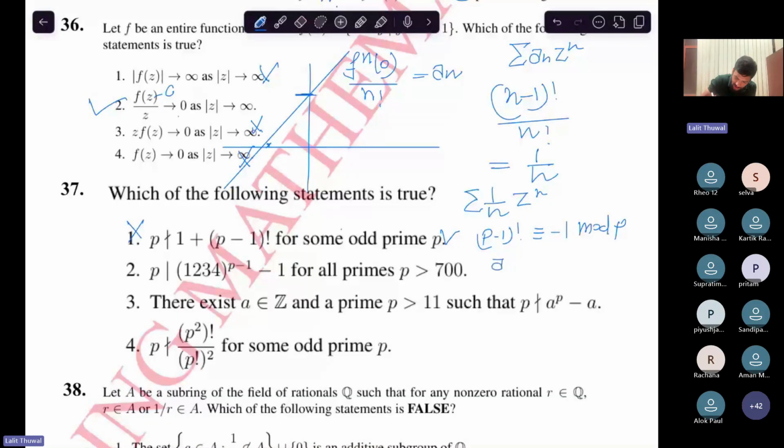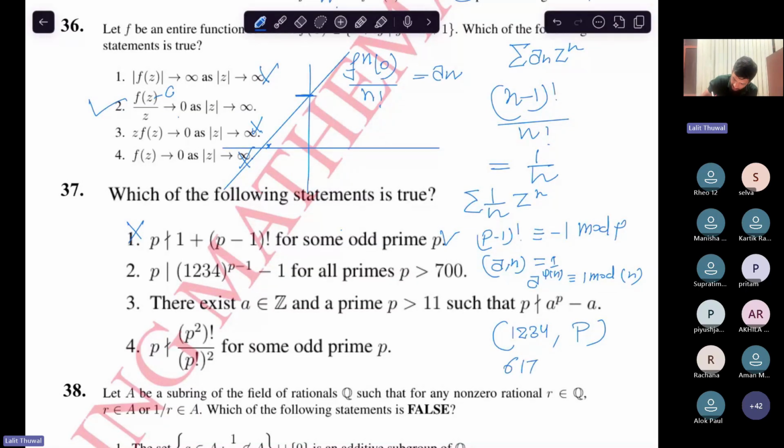You know that whenever the GCD of a and n is 1, then by Fermat's theorem the congruence holds. See, the GCD of 1234 and all odd primes greater than 700: these primes will not divide 1234. You just have to factor 1234. 2 will divide that. If you divide it by 2, then you get 617. And 617 is not divisible by any prime which is greater than 700, right?